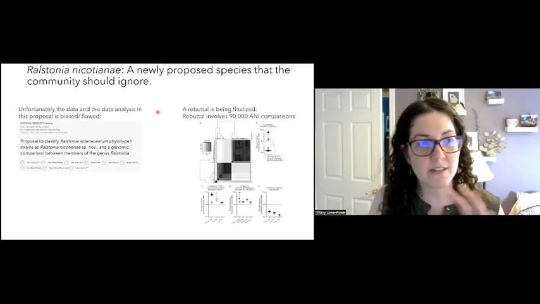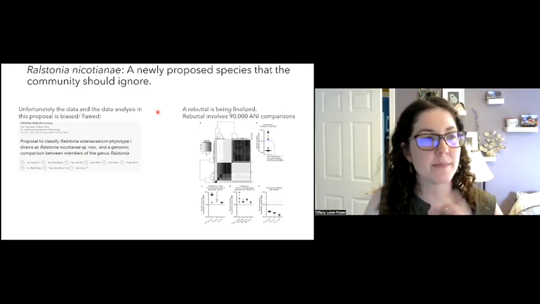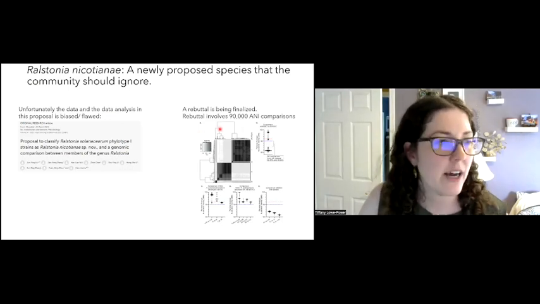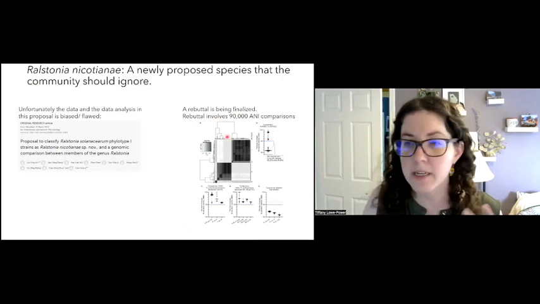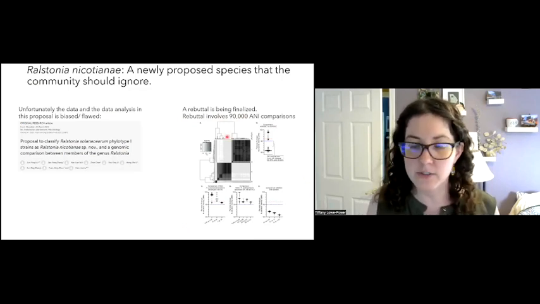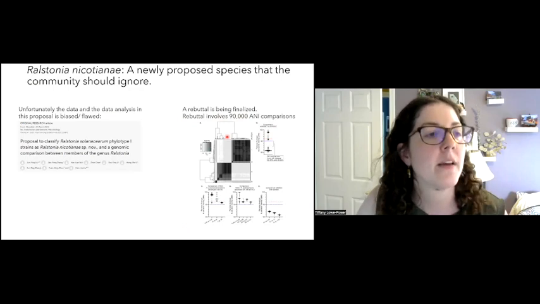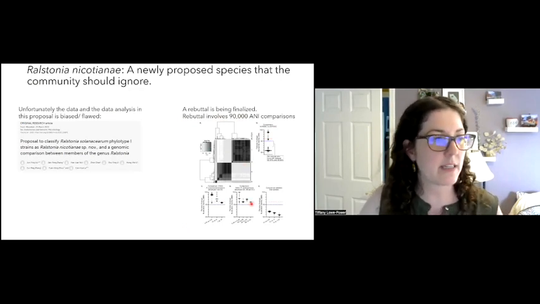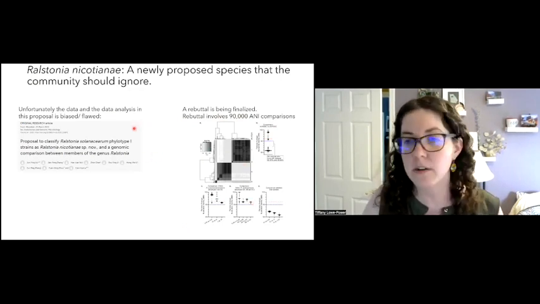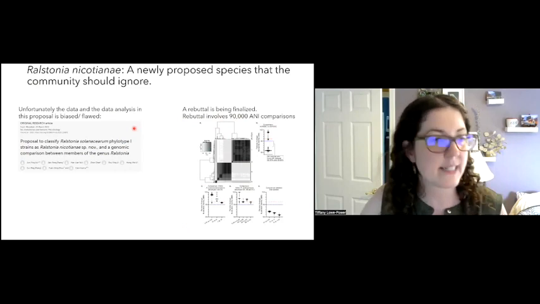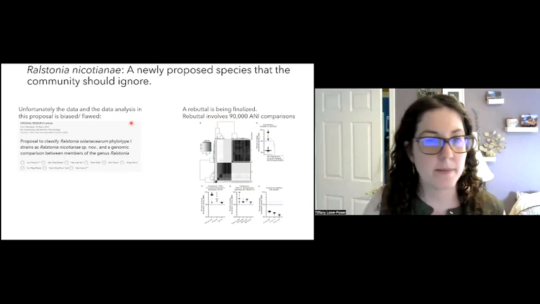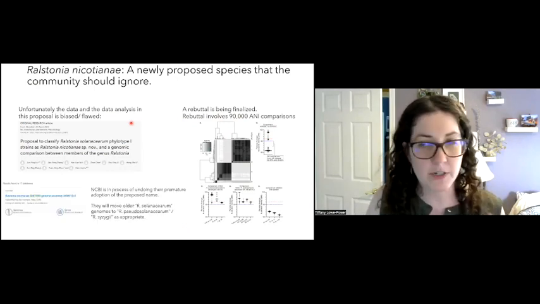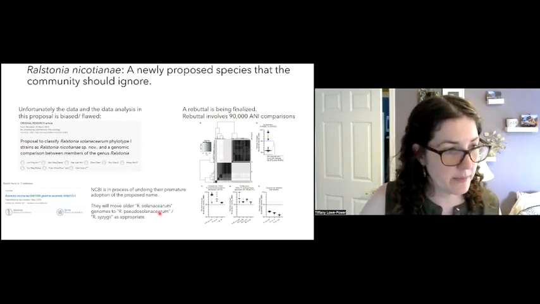We're in the process of compiling and submitting a rebuttal about this, where we've done a really robust genomic comparison of every Ralstonia strain that's available. And based on this, we think that the cutoffs in this proposal aren't really drawn at the best place. And so we recommend keeping phylotype 1 and 3 in the same name, which is Ralstonia pseudosolanacearum, which is written here.